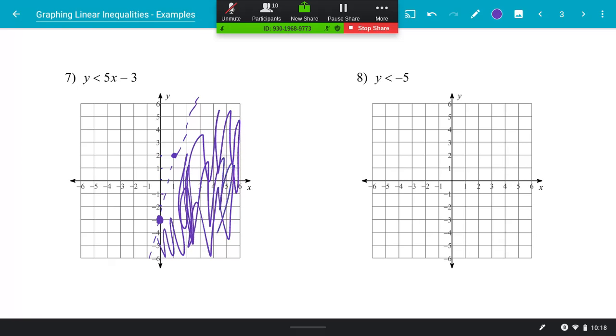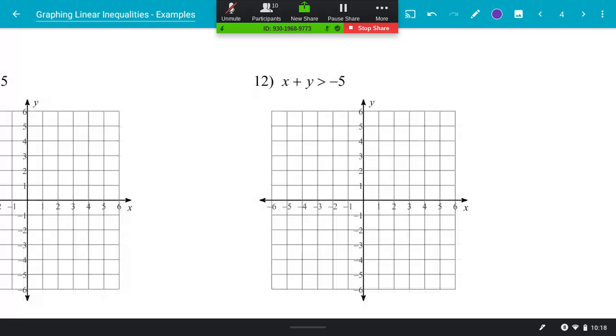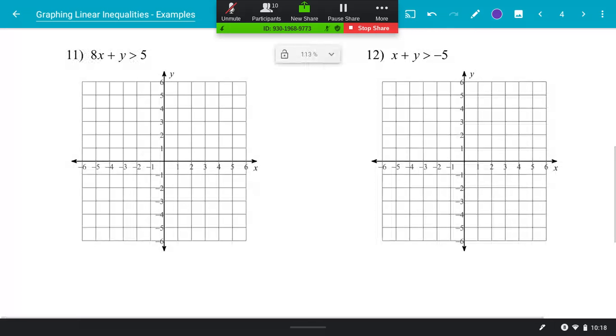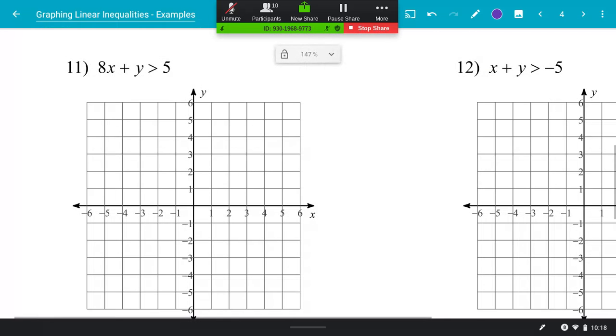Okay. Cool. All right, so what happens if we have an equation like these, where all of a sudden they're not in slope-intercept form? Oh no, whatever will I do? I'll get the y alone. I can do that, can't I? Sure. So on this number 11, I would subtract 8x from both sides. So I'd end up with y is greater than -8x plus 5.